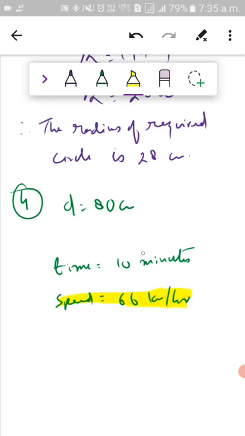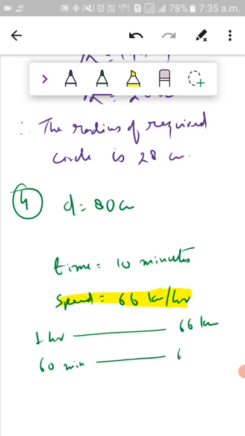So what is the meaning of 66 km per hour? It means in 1 hour, the car is traveling 66 kilometers. Okay, so 1 hour I can write 60 minutes, right? In 60 minutes it can go 66,000 meters. So I have changed kilometer into meters and hours into minutes.